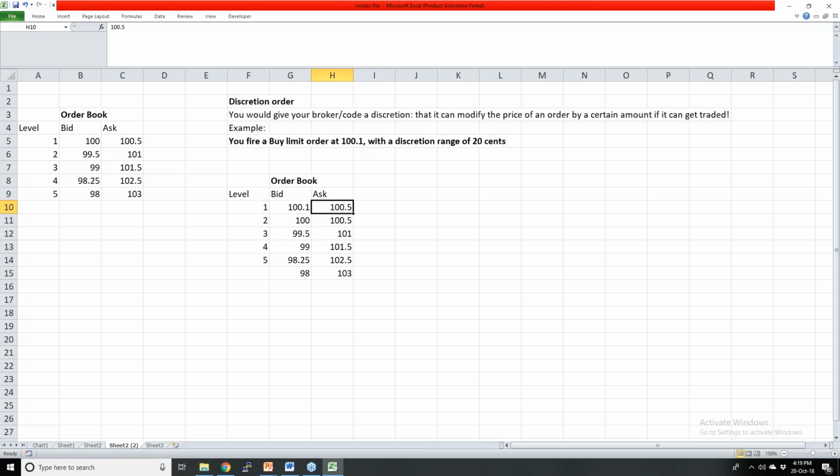If this is the case, then your order book will look something like this, right? Your order will sit at the best bid, and it will not increase your price.